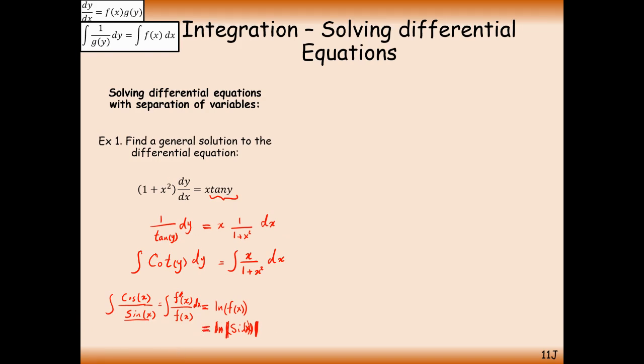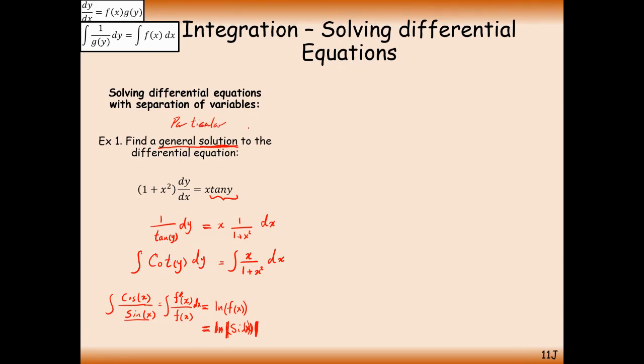Okay, let's pay attention to the words in the problem. The words in the problem actually ask us to find a general solution. In other words, this is a general solution. If the question asked us for a particular solution, they would have told us particular.